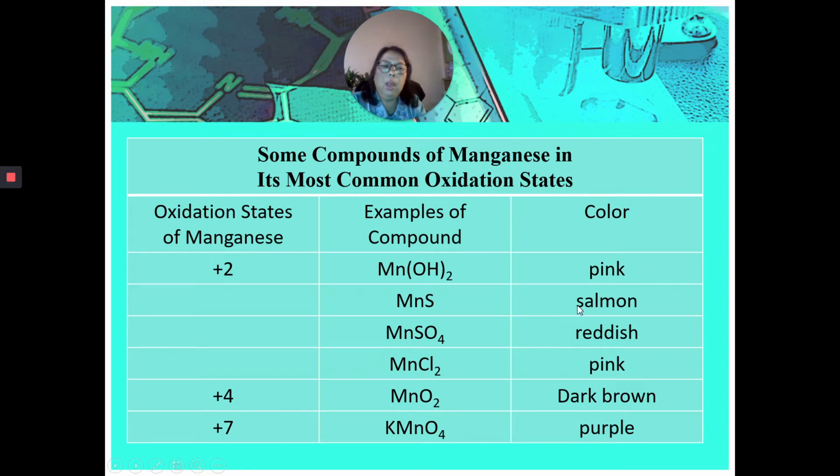This is orange pink, red pink. So they carry the hue of red. But with the manganese plus 4, its color is dark brown with oxygen. And then for manganese plus 7, it is purple with the metal potassium.